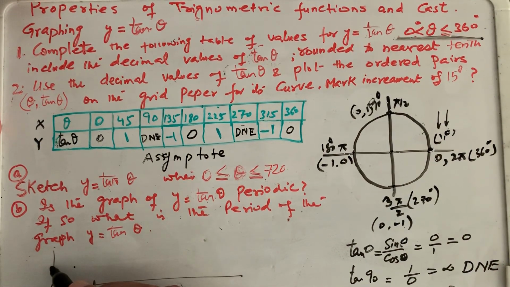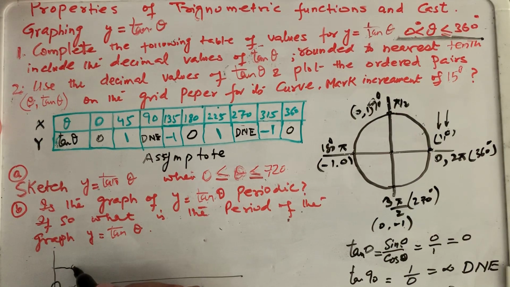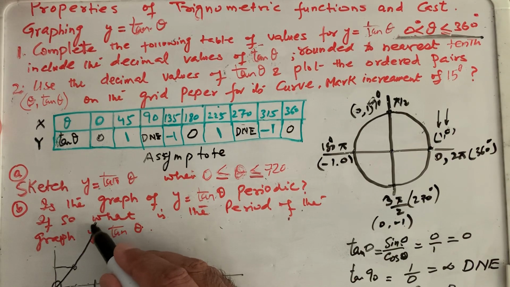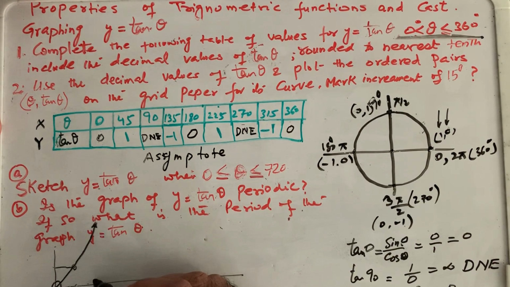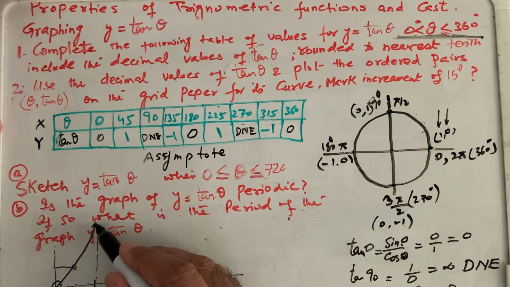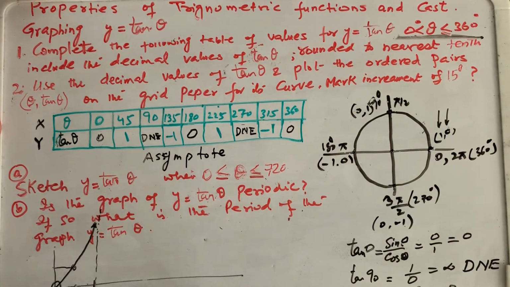It approaches the 90 value, but it never touches the 90 value. That is what is called an asymptote, so it will never touch the value of 90. For 180, I am here at 180, and we can see that at 180, we have 0.